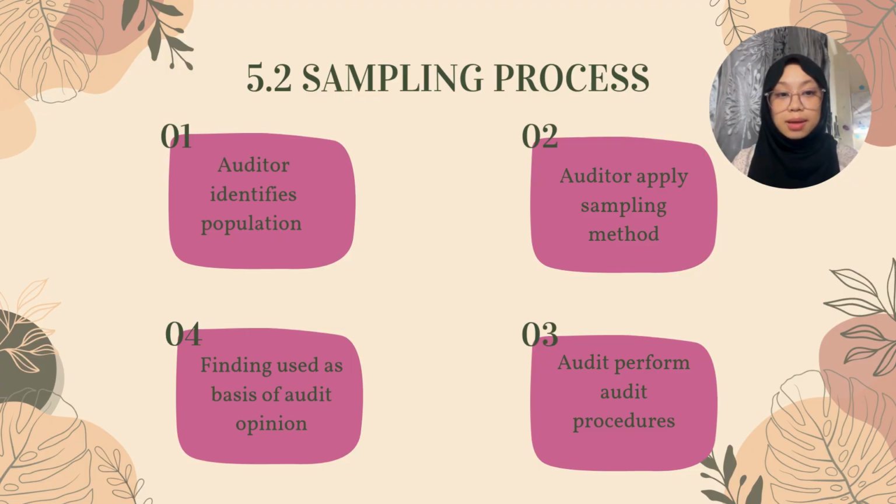And the final step is that the auditor will evaluate the findings and use them as a basis to form an audit opinion. This structured process helps auditors work efficiently while maintaining audit quality.